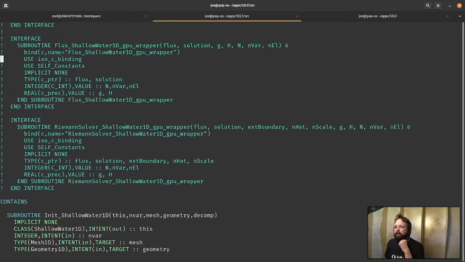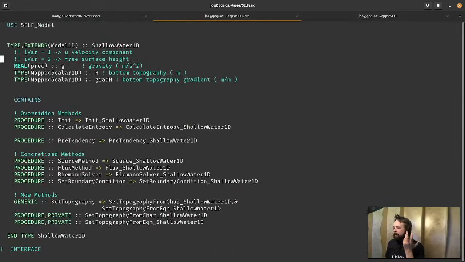So what I've done, much like the 2D, so far is adapt the 2D solver. I've copied that over to this 1D file. So we have overrides for the initialization so that we can define bottom topography and the bottom topography gradient. We have a method for calculating entropy, which is the same one we had before. So I'll show you what that looks like. Okay.